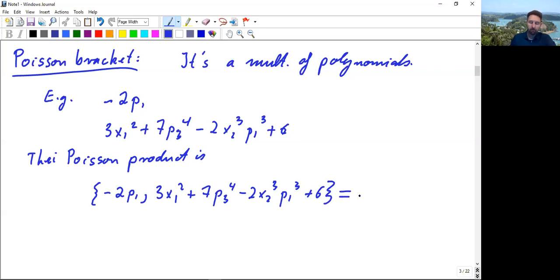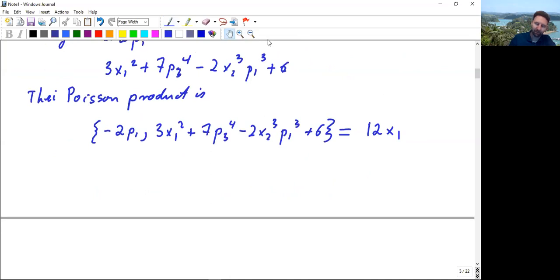And then there will be rules according to which you can evaluate what that product is, and the end result of that product is another polynomial. In this case, the outcome is 12x1. Now, that may not be obvious to you yet, I hope it's not so obvious just yet. But that's overall the structure. You plug in two polynomials and you get out a polynomial.